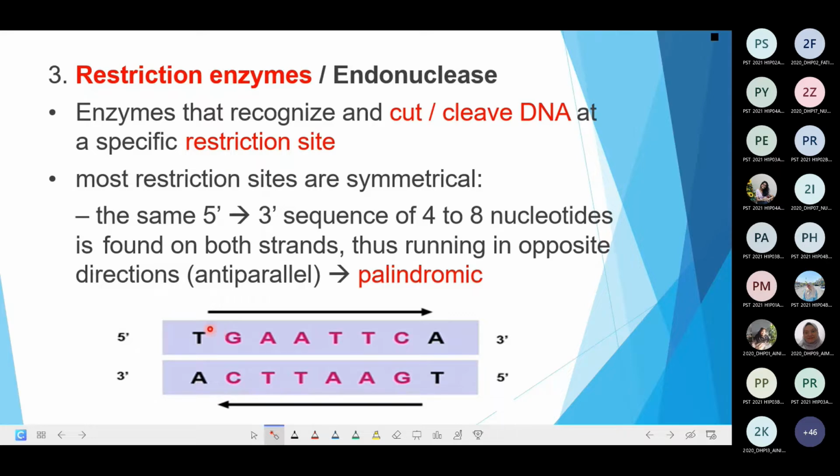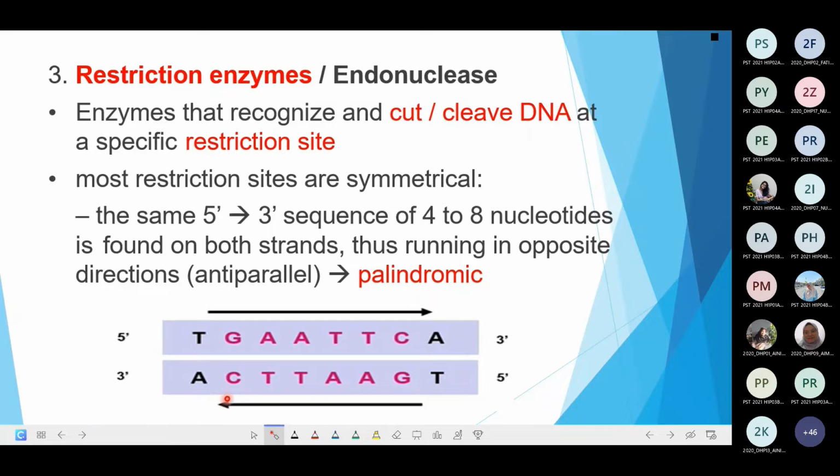For this strand up here, we read the sequence from left to right, GAA TTC. For this strand down here, we also read it as GAA TTC, but in the opposite direction, from the right side to the left side.